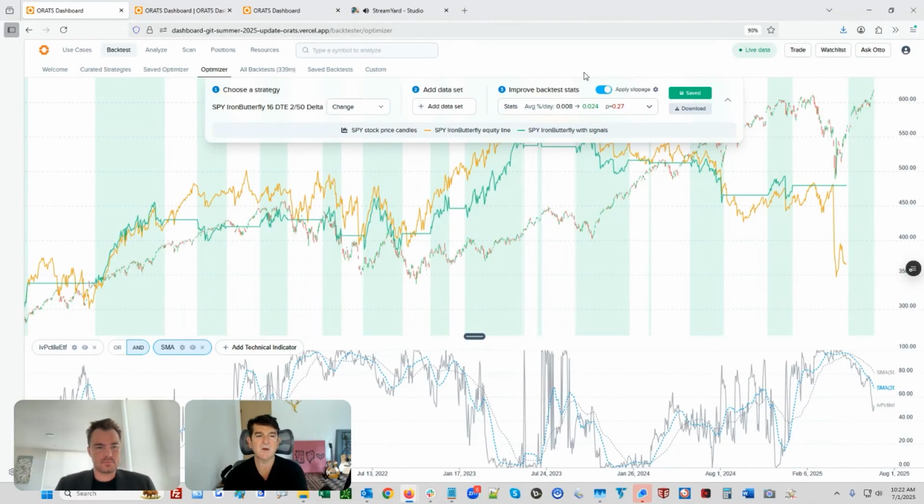So let's just talk about, first of all, the backtest. In order to reduce path dependency, especially since 16 DTE is considered a medium to short term trade, but we have some trades that are longer. If you only traded once every quarter, that might have some path dependency to it.